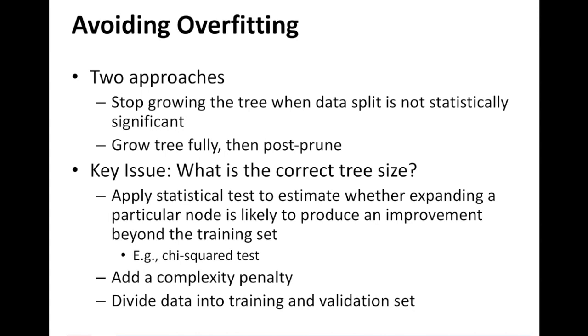Both these approaches are used. Post pruning is more preferred because stopping to grow the tree before you grow it fully is a more pessimistic approach, and you don't know how the tree is going to be after you fully grow it. It may well be that the tree is not deep and not completely imbalanced.